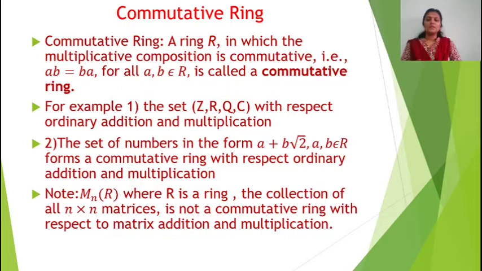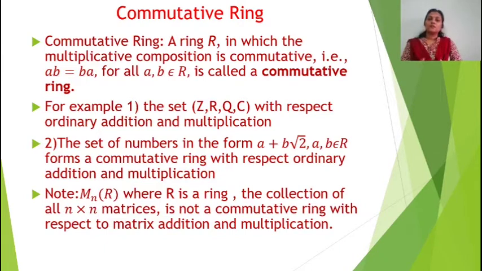An example for that is M_n(R), where R is a ring and M_n(R) is the collection of all n by n matrices, which is not a commutative ring with respect to matrix addition and multiplication. We know that for matrix multiplication AB ≠ BA, so it is not a commutative ring. So the commutativity property should hold for the ring to be called a commutative ring.